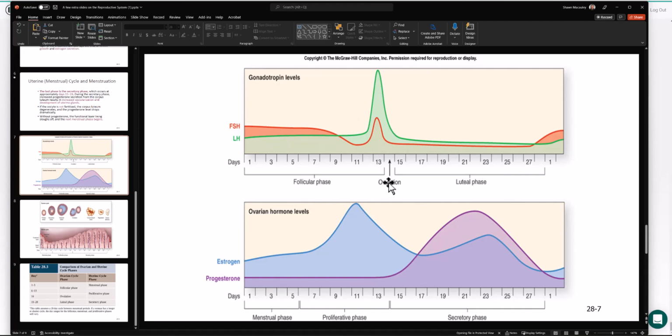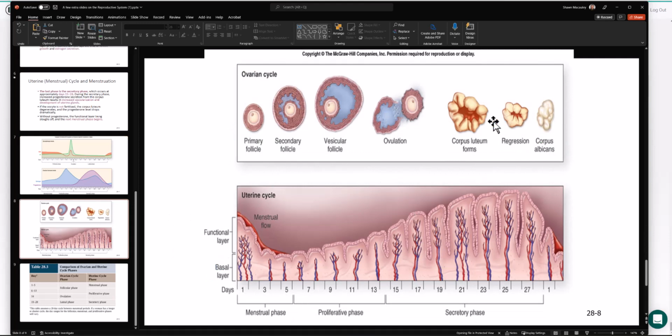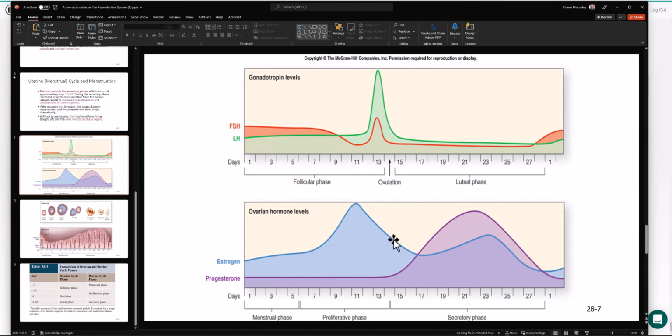Now, what else is going on? Remember I said progesterone's in purple, and progesterone levels are kind of flat, and then right about here they go up. Why are the progesterone levels going up? Remember, that's when the corpus luteum is formed, okay? Remember that after the ovulation event around day 14, the corpus luteum starts to produce massive amounts of progesterone.